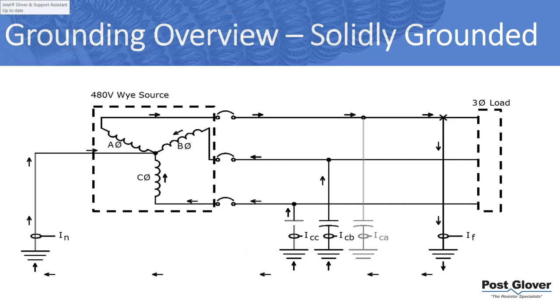The problem is because of the way it's designed. The main idea of solidly grounded systems is you have a very low impedance path, high levels of ground fault current potential purposefully. So you can easily see and very quickly eliminate the faults. So your exposure to personnel and to equipment is very small. That's good in some ways.